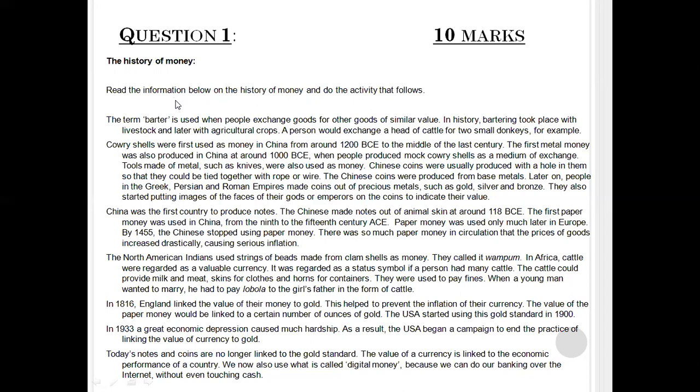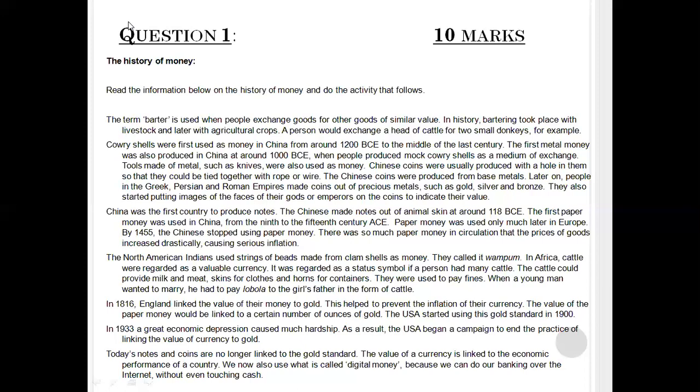All right, but let's first read through the case study of the history of money. The term barter is used when people exchange goods for other goods of similar value. In history, bartering took place with livestock and later with agriculture crops. A person would exchange a head of cattle for 2 small donkeys, for example.